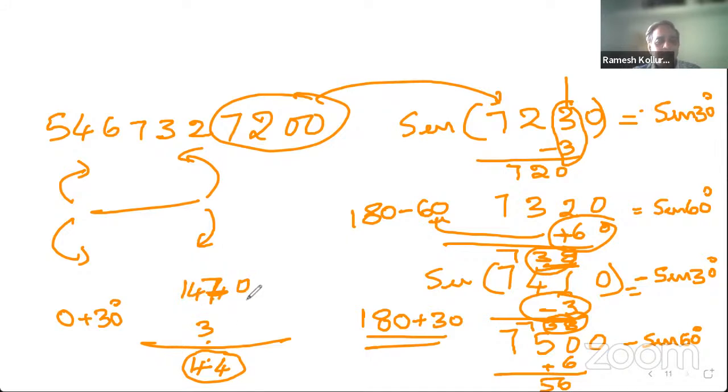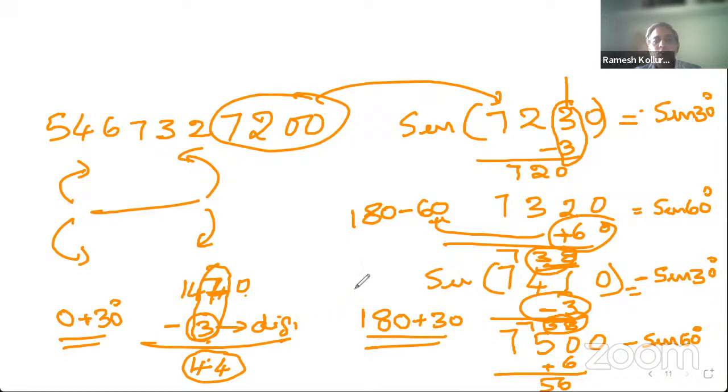1470 is my number, because I'm getting the digital root. If this digit and this digit are odd, then I subtract 3 and check the divisibility. If it is divisible, it means 0; if it is minus, here it is plus. So 1470 is the same as 30 degrees.